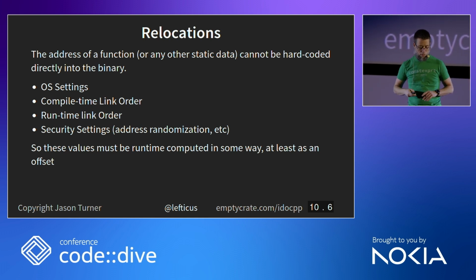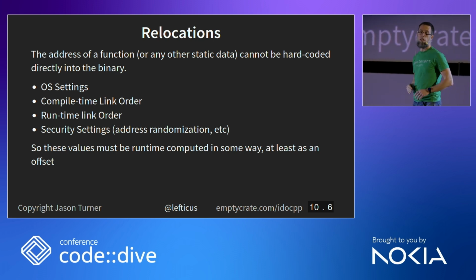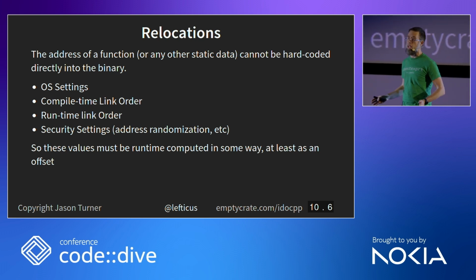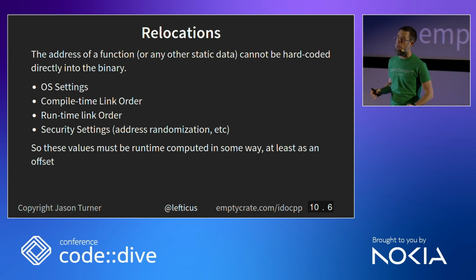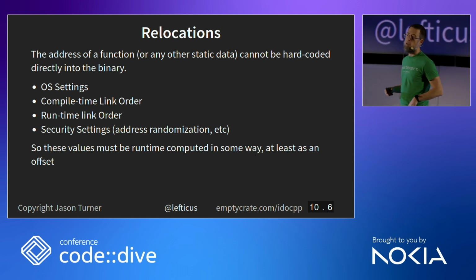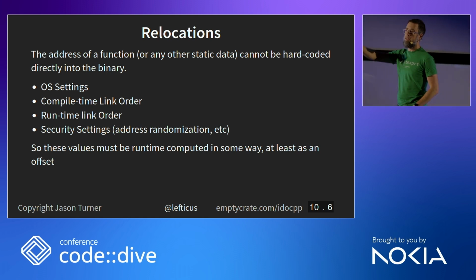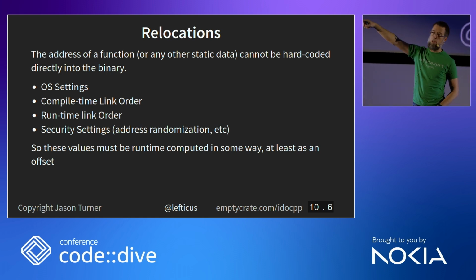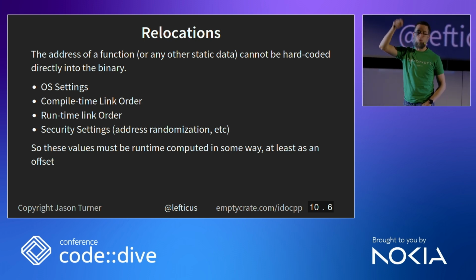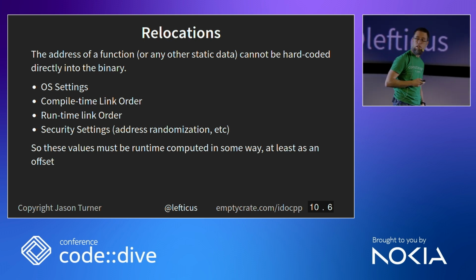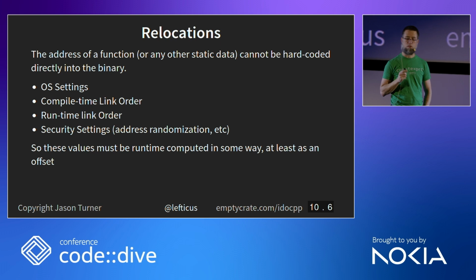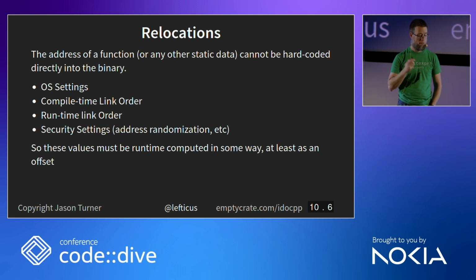Things can vary. So the values must be runtime computed in some way, at least as an offset. You will often see stuff in the binary that might be like RIP plus 1033 or something like that. It has to do some kind of runtime computation for what you thought was a compile time static thing.